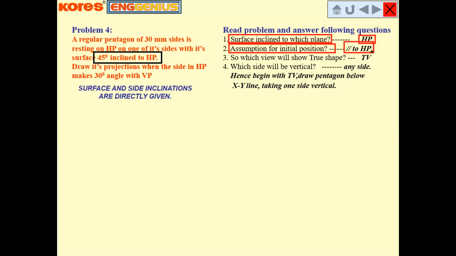So you can see the true shape of the pentagon in which plane? You will get the true shape in the top view, below the XY line. Below the XY line you will get your top view, and above the XY line you will get your front view. Which side will be vertical whenever you draw the pentagon? Any side. You can draw any side vertical, right?